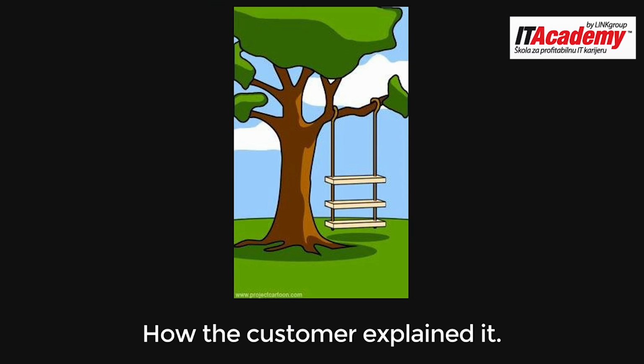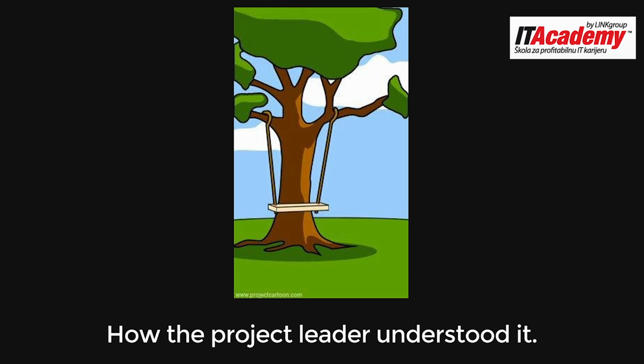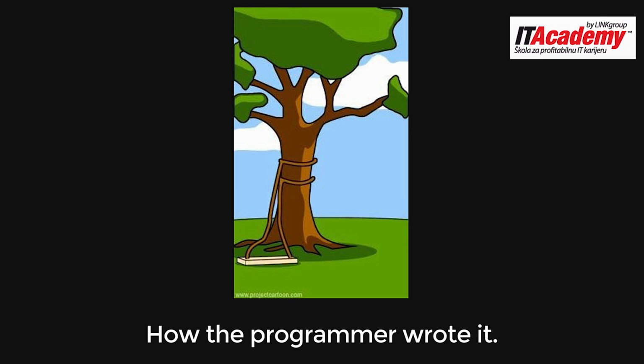And there is an awesome cartoon. Most of you probably already saw this one. It's about the customer and the developer. The first picture is how the customer explained what he wants. And it looks interesting, right? Then the second one is how the project leader understood the customer. The next one, how the programmer wrote it.